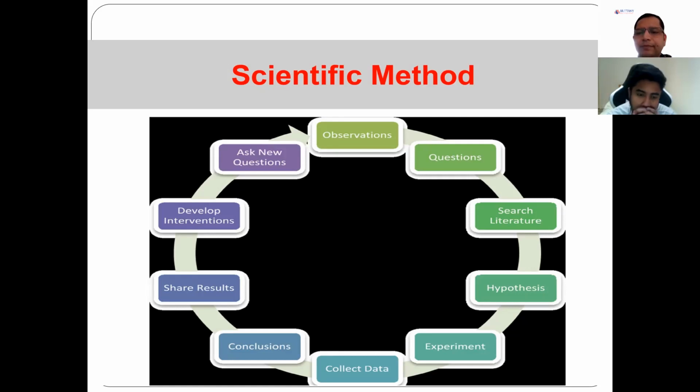There are many questions that come in. Then you look for the literature. What is the literature? This is not the literature that is studied by another person. This literature in research means the studies done by other people in the same area. Then based on the research literature, you develop some hypothesis, meaning assumption.